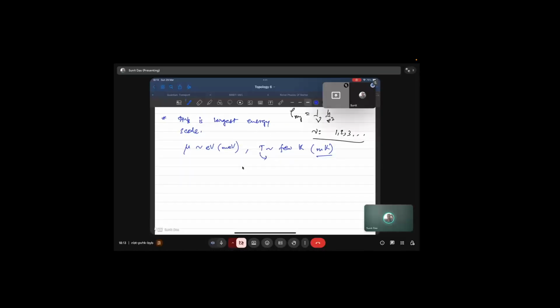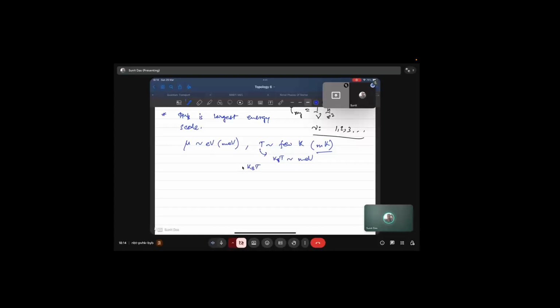The corresponding energy scale for a few Kelvin, given by kBT, will be some few meV. One way to look at this is kBT for room temperature, which is of the order of 25 meV, where room temperature means approximately 300 Kelvin. These are just rough scales.